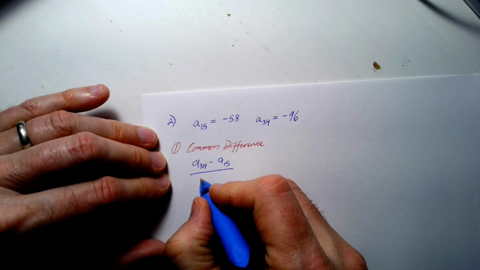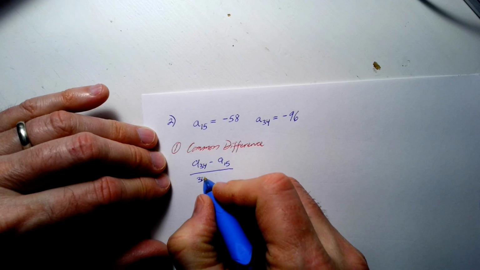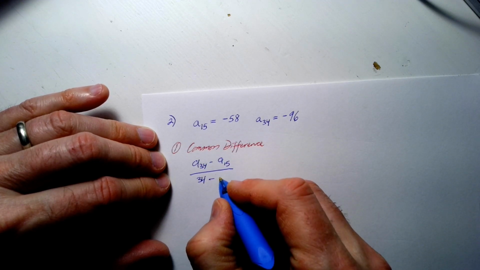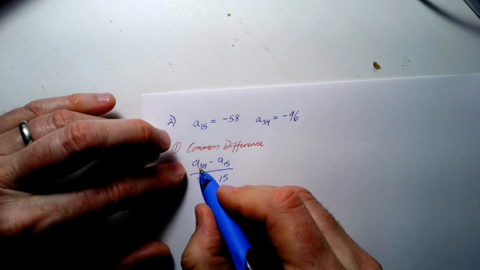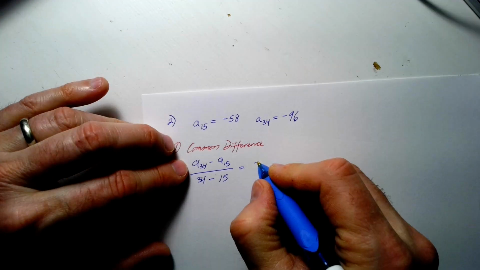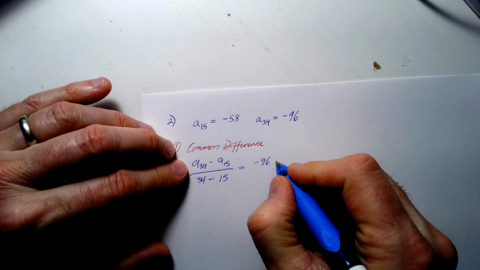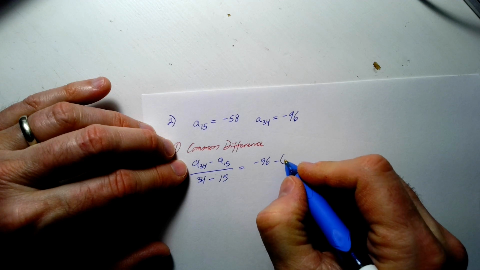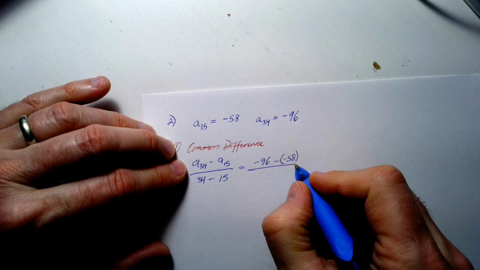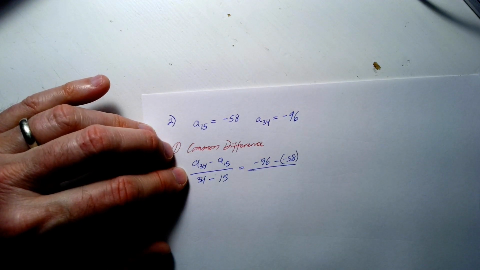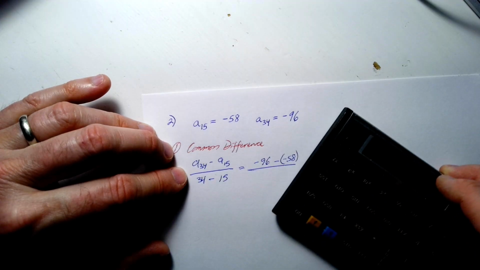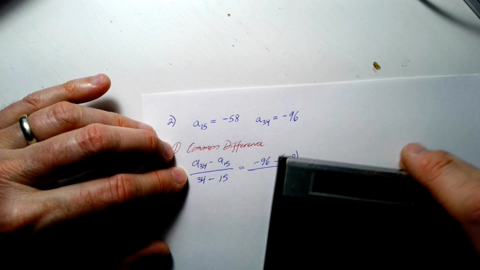That would be A34 and A15, so we go negative 96 minus a negative 58, divided by 34 minus 15. Let's use a calculator so we don't make any silly mistakes.